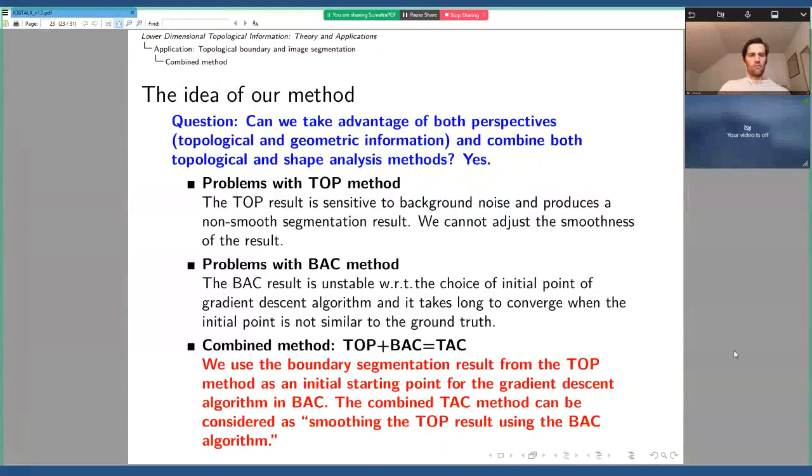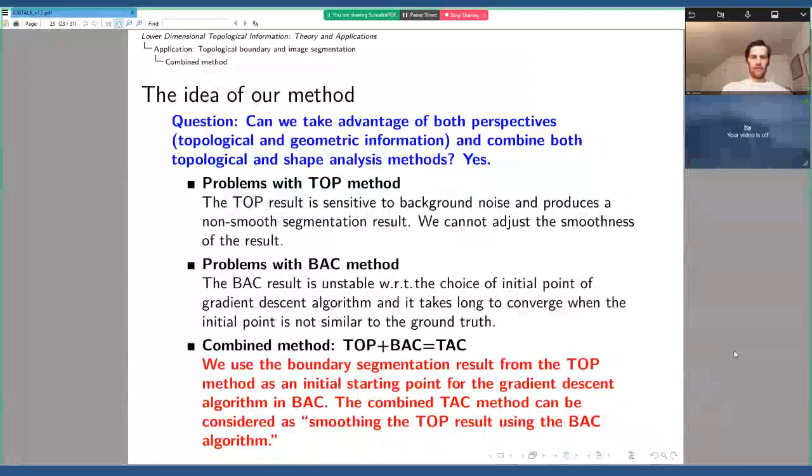So we propose, how about this? We use the segmentation result given by the TOP method as an initial point of the BAC method. Then the BAC method could smooth out the segmentation result obtained from the TOP method.